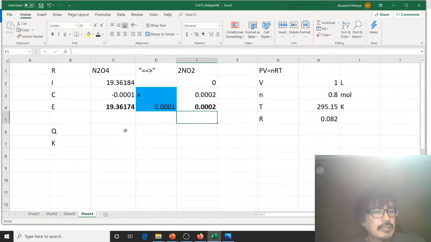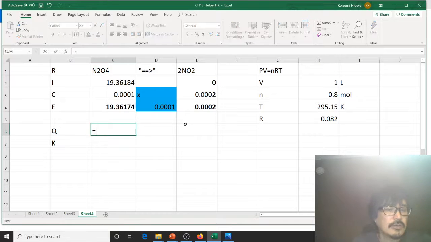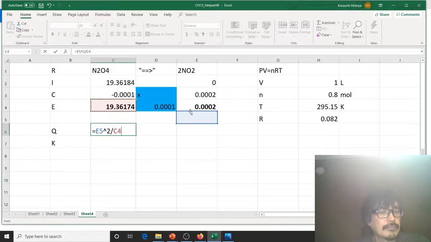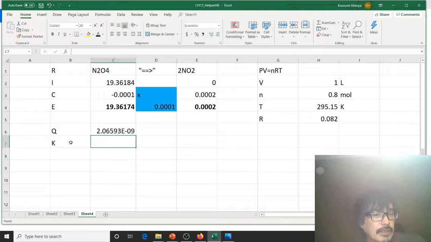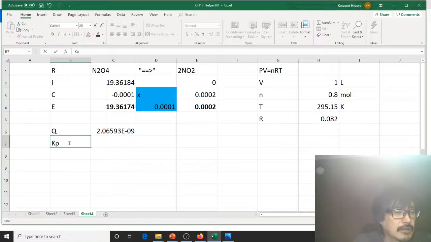Alright, then let's just calculate the Q here. Q is the same way. The product pressure squared, because I have 2 as a coefficient, divided by reactant, right? So this squared divided by that one, right? Which is this value right here. And this one right here is a Kp.